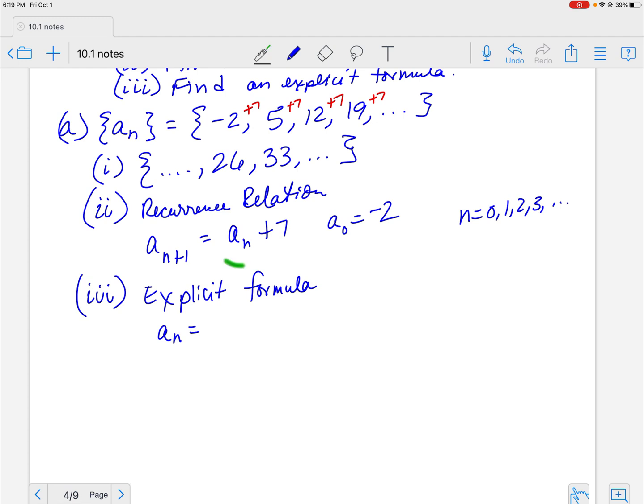So if I'm going to add 7 to the previous term every single time, that's the same thing as 7n. Now the real question here is, how do I get this very first term of -2? If I plug a 0 in here, 7 times 0 is 0, and I just subtract 2 from that, bam, first term. Sweet, right? So that's why we use 0 to begin with.